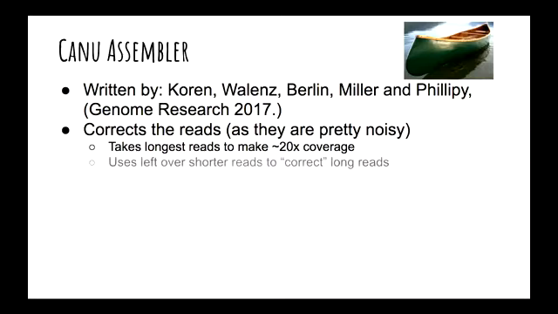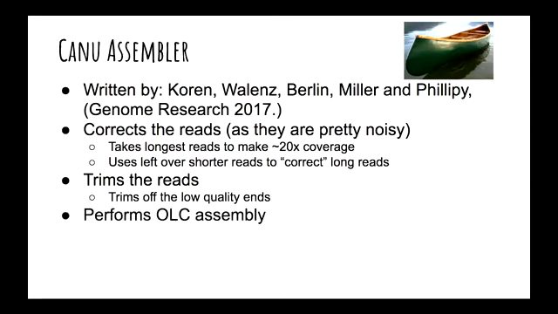It then uses the rest to align to those longer ones, and hopefully, because the errors won't be in the same place each time, they will correct themselves by using mapping and consensus, which is actually pretty okay. It's a pretty good trick. Then it trims the reads to get rid of any weirdness at the end, and then performs an OLC assembly. Hopefully, at the end of it, you get one contig per replicon.